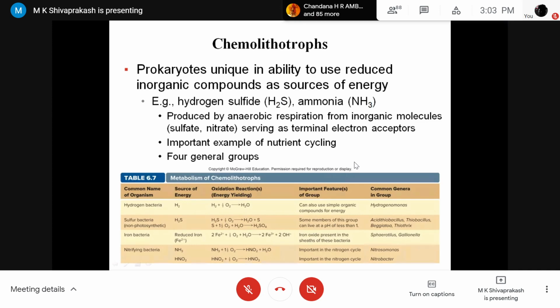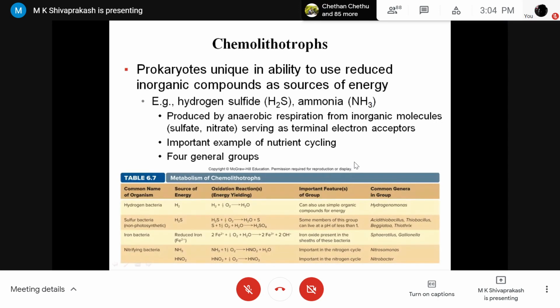For example, when sulfate or elemental sulfur is used as terminal electron acceptor, it results in the formation of hydrogen sulfide, the reduced sulfur compound.